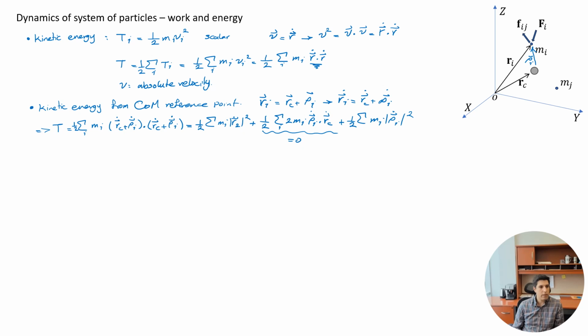So what I'm left with is T of the whole system, kinetic energy of the whole system, is 1/2 m. Let me write it as V of C squared to make it easier for myself.